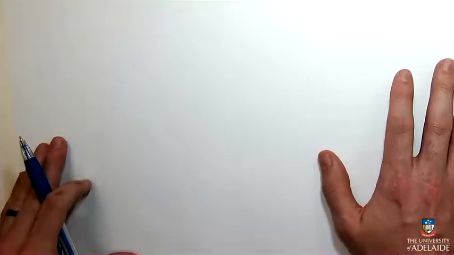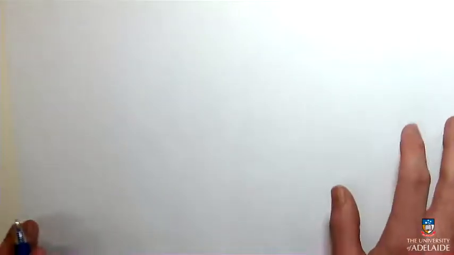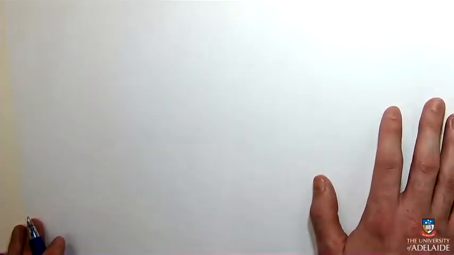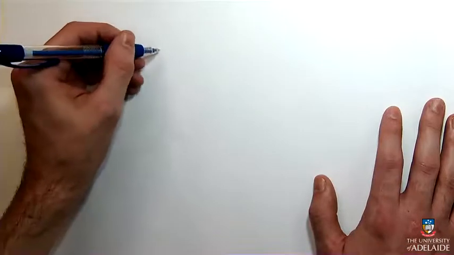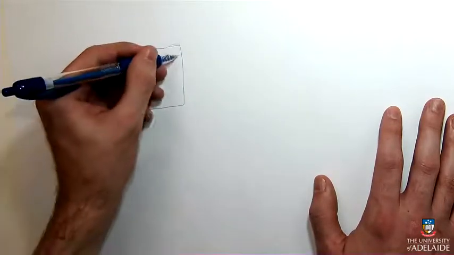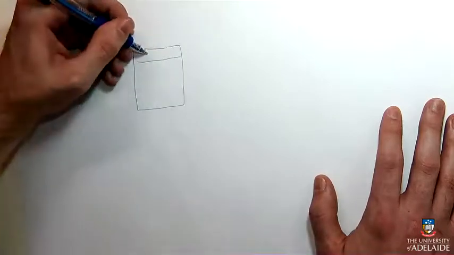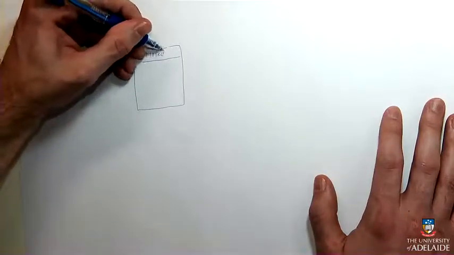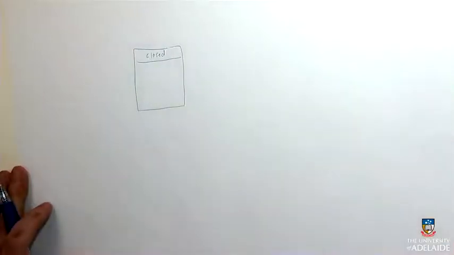So what does that look like? We tend to draw the Moore machines with rectangles because we record the actions that get taken when you enter a particular state in the actual rectangle itself. So I'm going to start with the closed state again. Looks like UML.